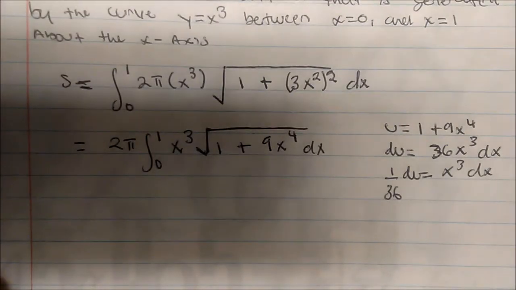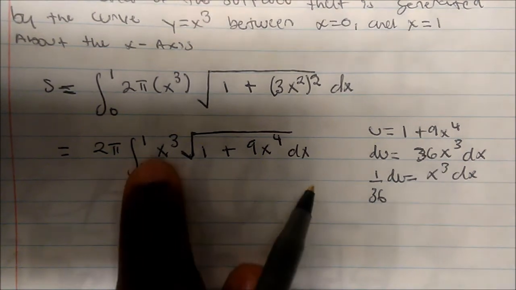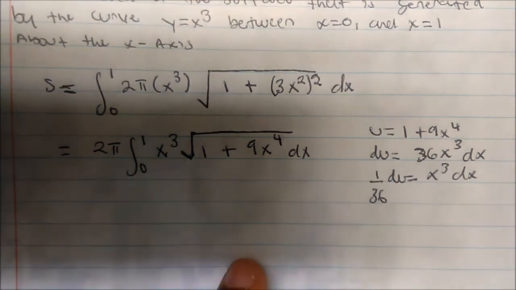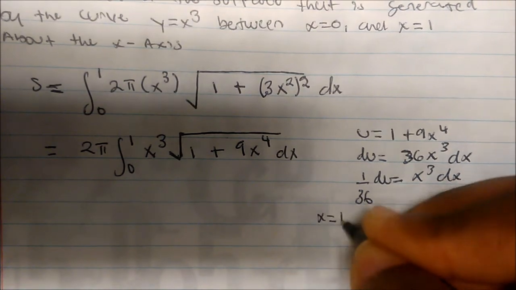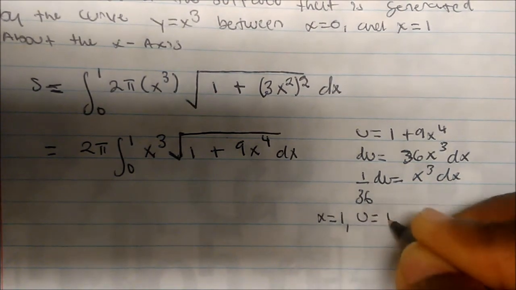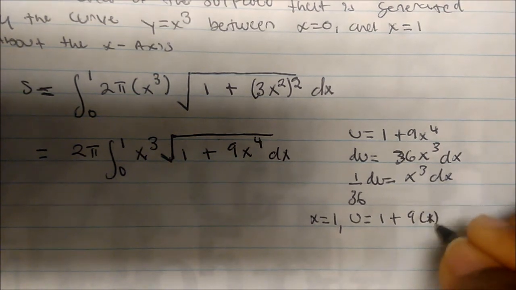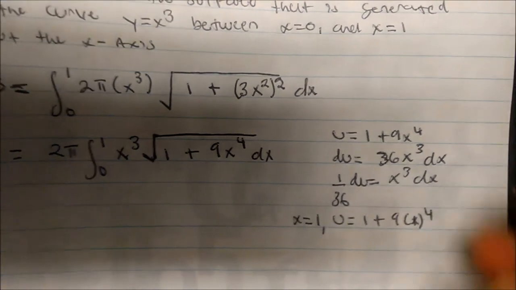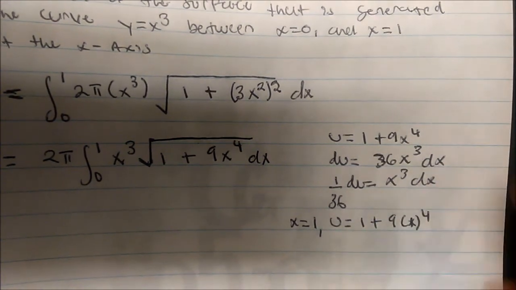Now, because this is a definite integral, we also have to be careful of our boundaries. If x is equal to 1, then u must be 1 plus 9 times 1 to the fourth, which simplifies to 1 plus 9.